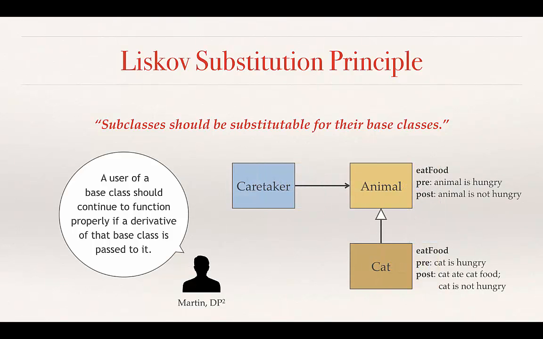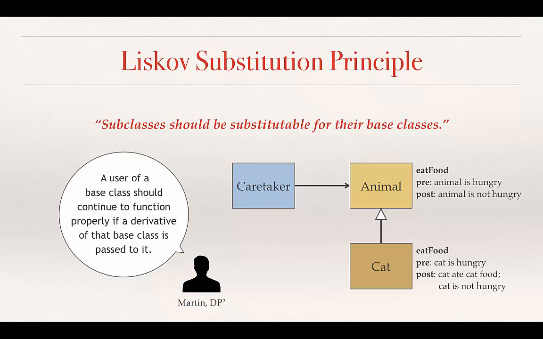Let's look at an example. A caretaker class is using an animal class. At some point, the animal gets hungry and the caretaker has to feed it by calling the eat food method for the animal. There's a precondition on the eat food method that the animal is hungry and a postcondition that the animal is no longer hungry after the method has been called.